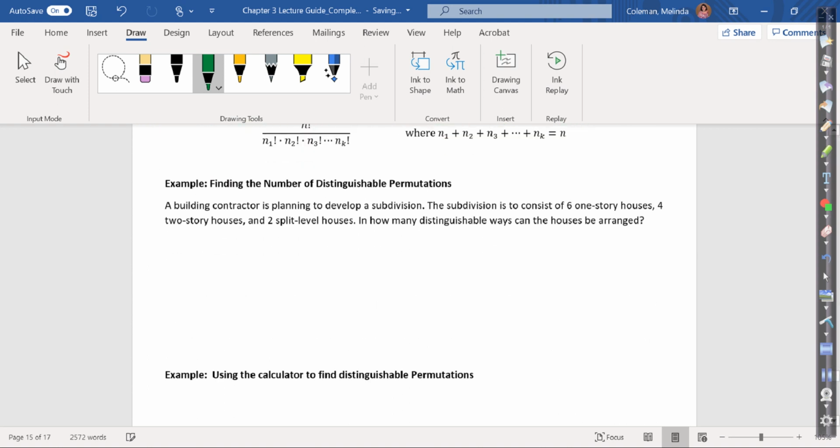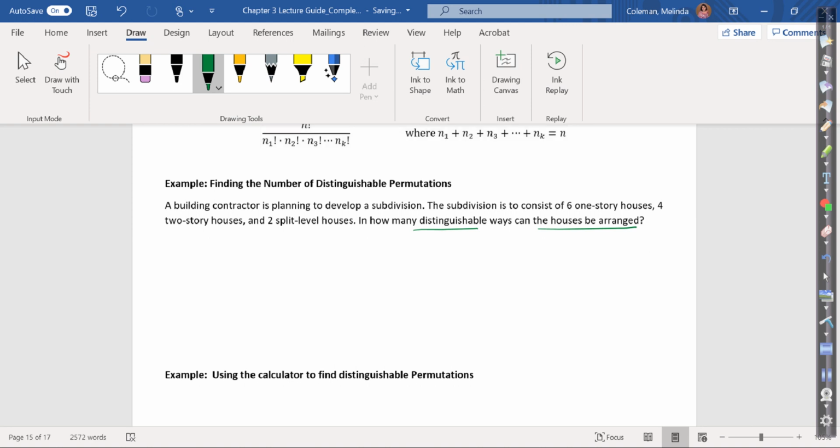So first example: a building contractor is planning to develop a subdivision. The subdivision is to consist of 6 one-story houses, 4 two-story houses, and 2 split-level houses. How many distinguishable ways can the houses be arranged? So what this is saying is that you don't want the same house next to each other.